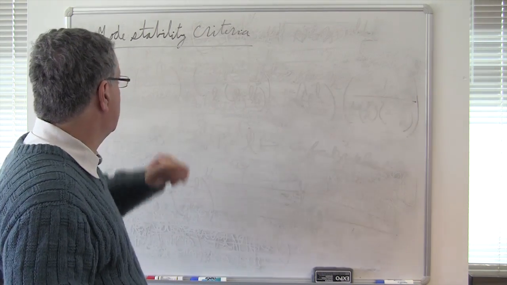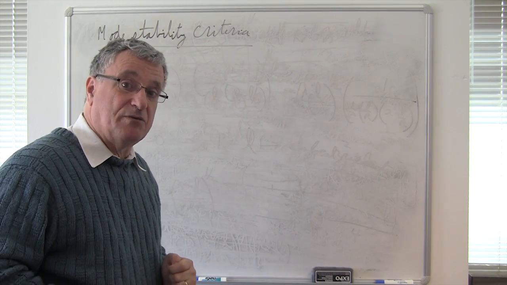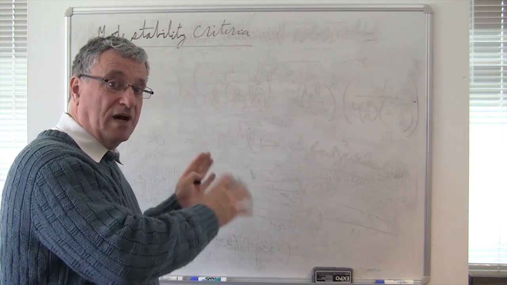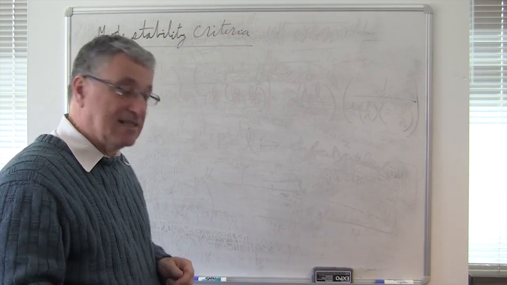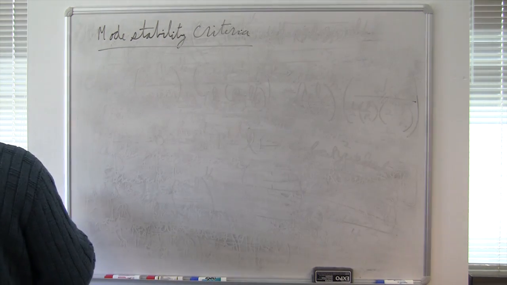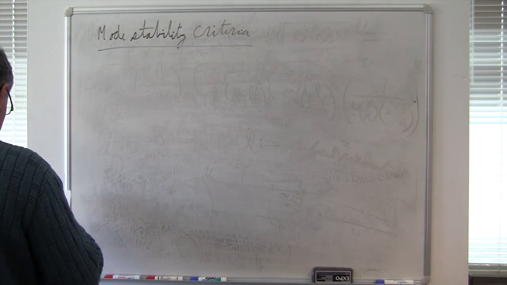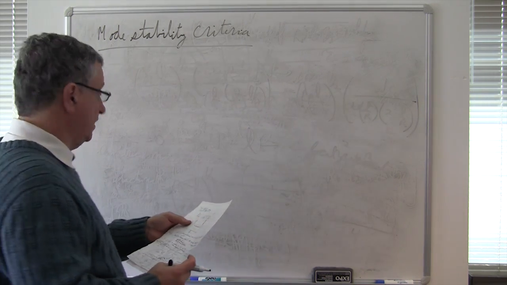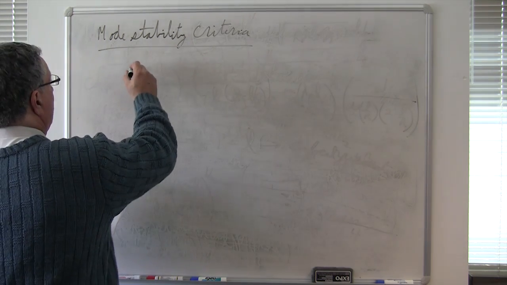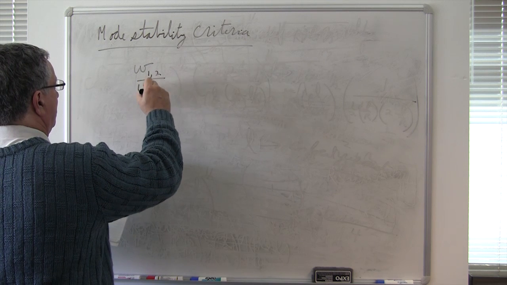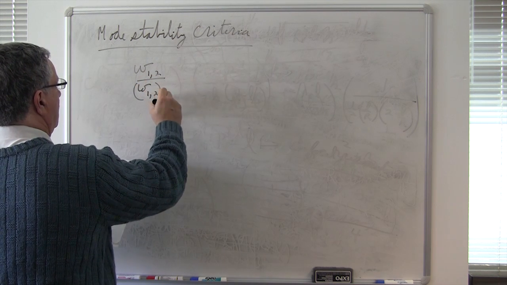But for now, let's just use the mode stability criteria that were previously found for a resonator, or for a biperiodic lens system. Okay, just before I do that, let me rewrite the previous expression, W12 over W12 confocal.